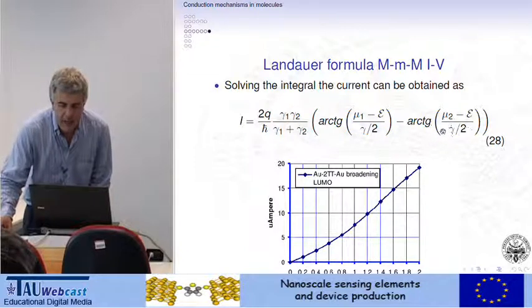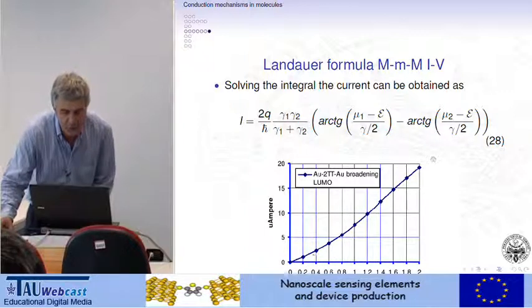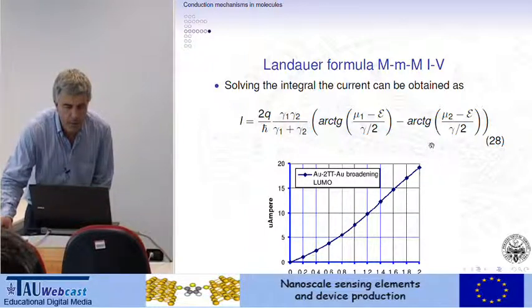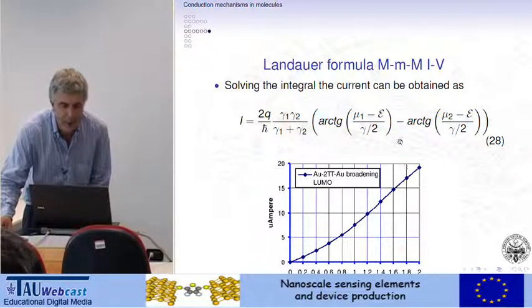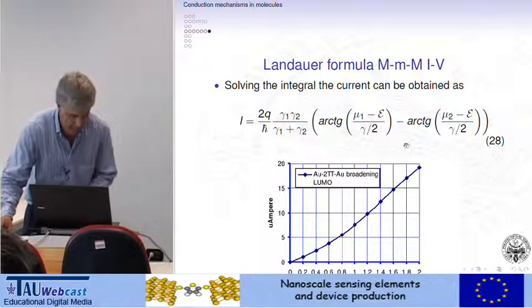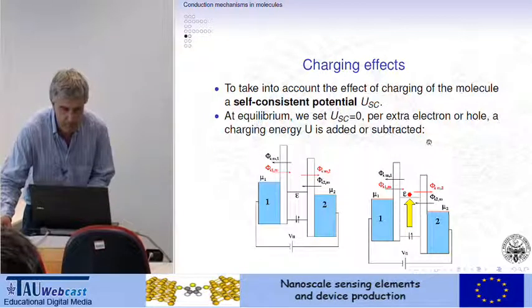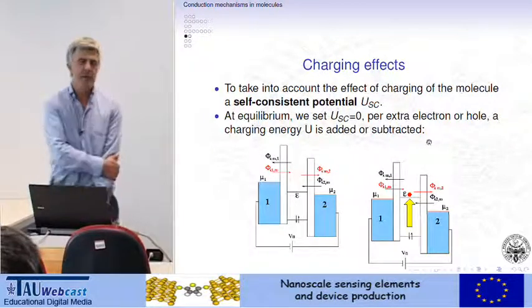But if we try to do our best, the result is not perfect. And probably it could be interesting to understand the causes of this problem. The problem is the charging effect.